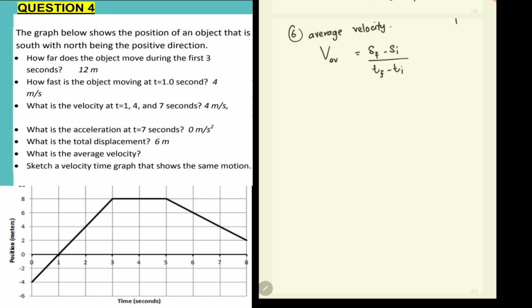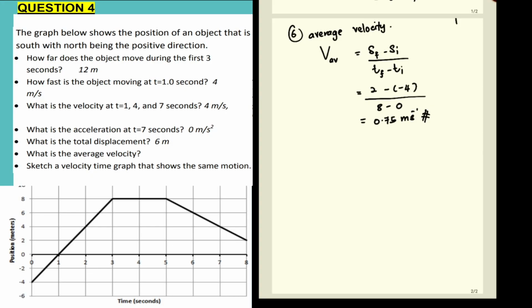You can read straight from the graph where S final is here, 2 meter. 2 minus initial is negative 4. And then T final, we know that the duration is 8 seconds. So 8 minus 0. So the answer is 6 divided by 8 is 0.75.